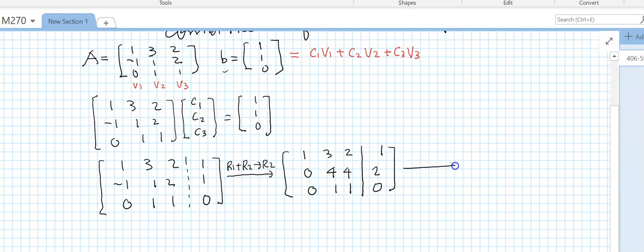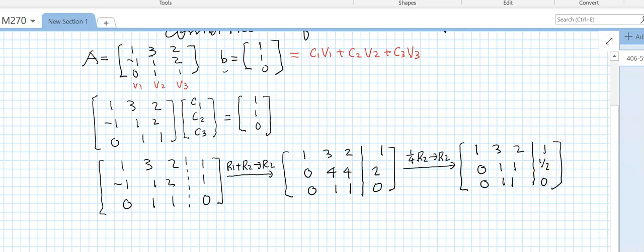Now, obviously, one-fourth of R2, in other words, divide R2 by 4. So it is 1, 3, 2, 1, 0, 1, 1, 1/2, and 0, 1, 1, 0.